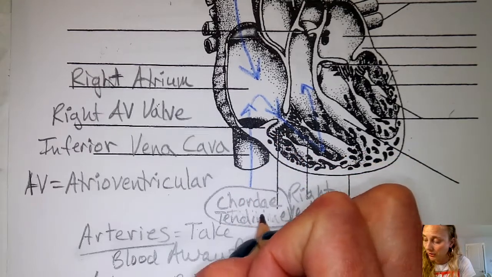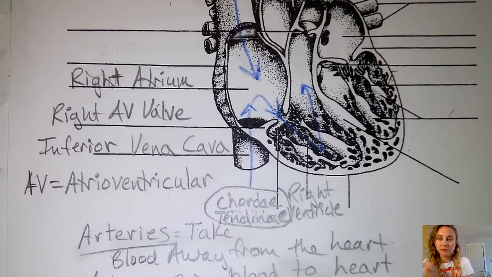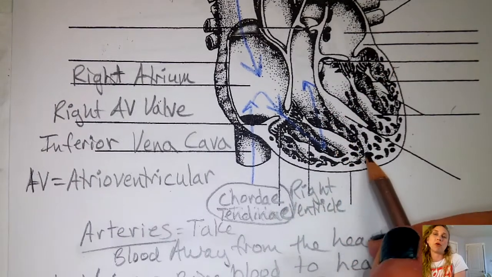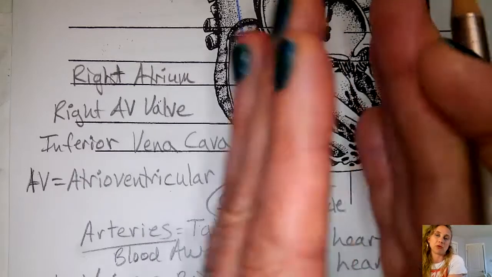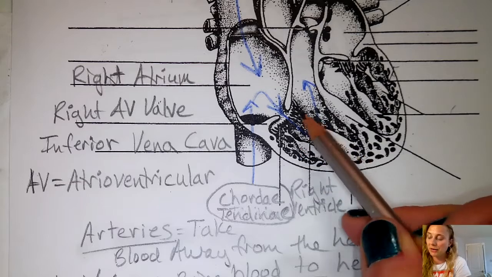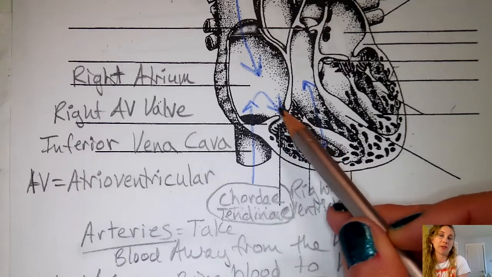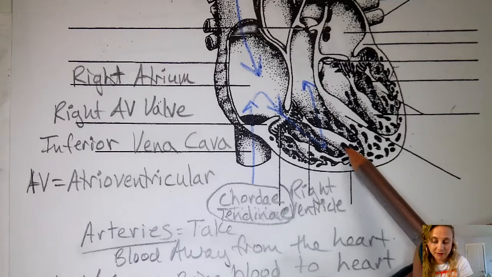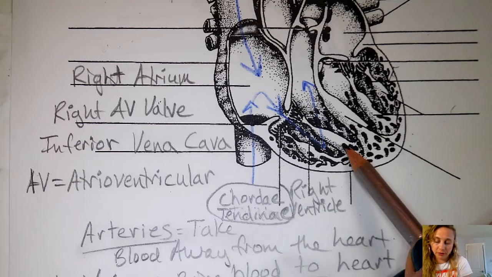Even though the heart might change conformation a little bit as the heart beats, these muscles are still going to pull back, even though the ventricle squeezes as it's contracting. Okay, so it keeps blood from flowing that way through the AV valve.